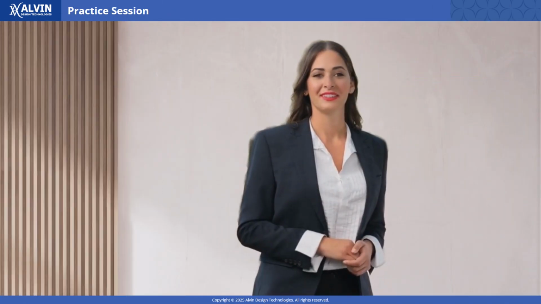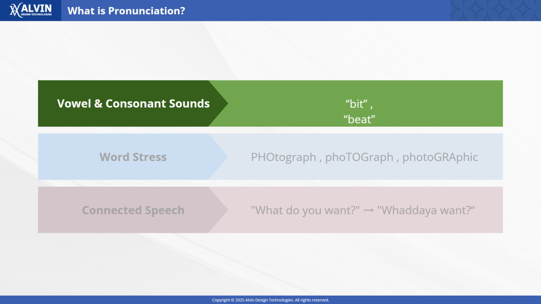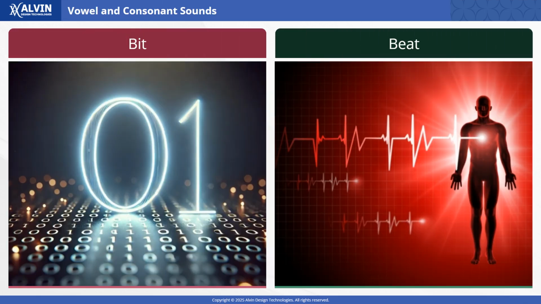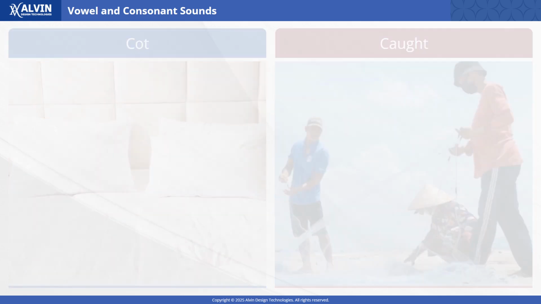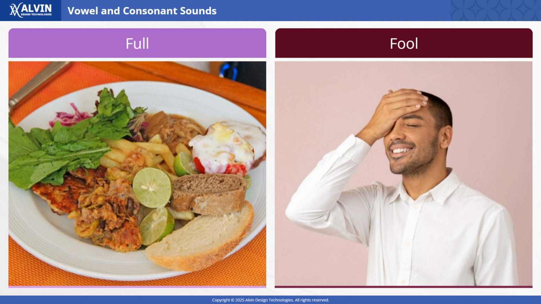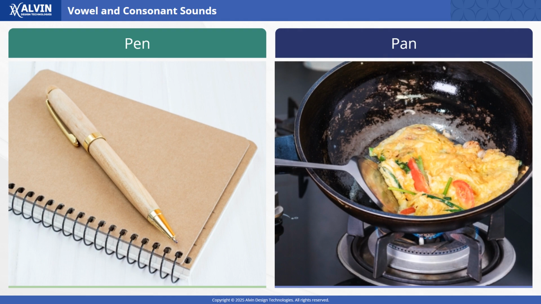Come on, let's have a quick practice. Firstly, let's begin with the vowel sounds. Bit, beat. Caught, caught. Full, fool. Pen, pan.